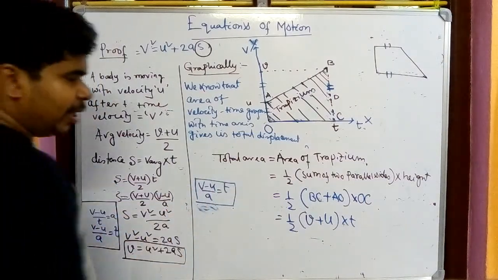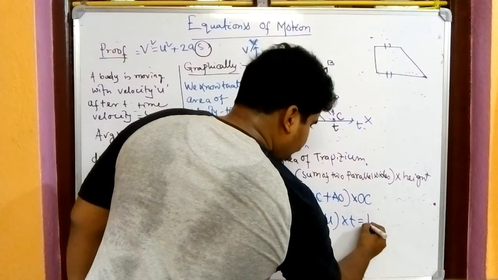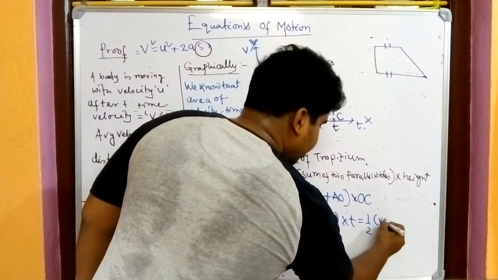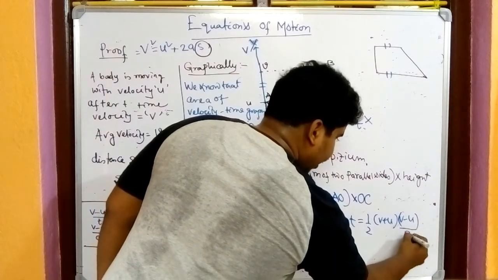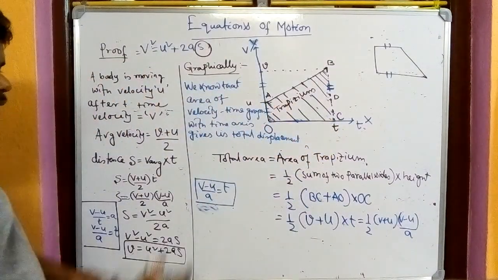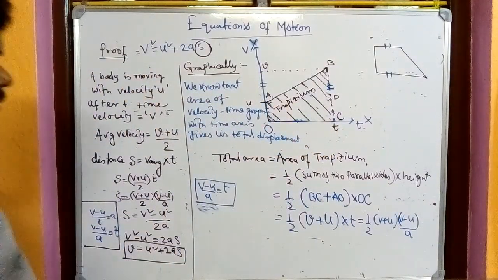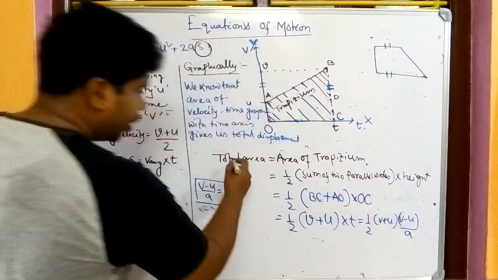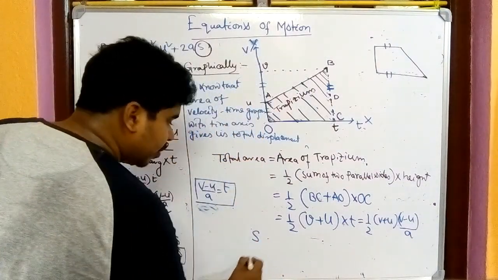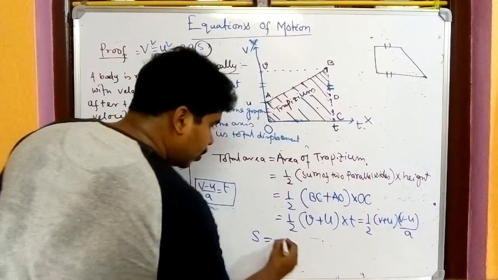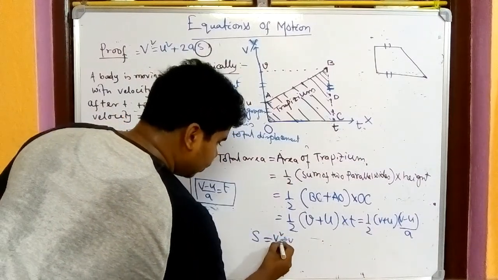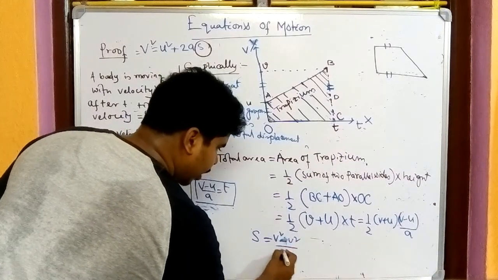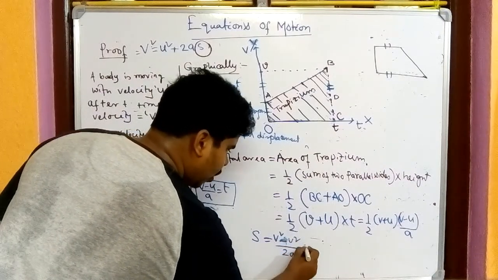So instead of T, I have to write here half of V plus U into V minus U by A. So exactly the same calculation like this. So here total area is total displacement S, that is equal to V square minus U square by 2A.